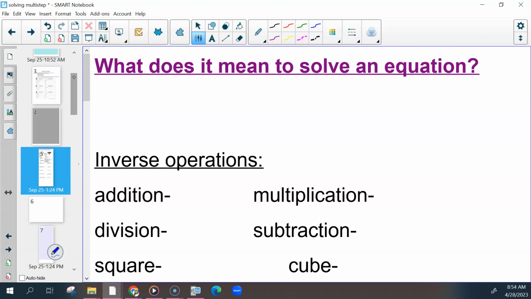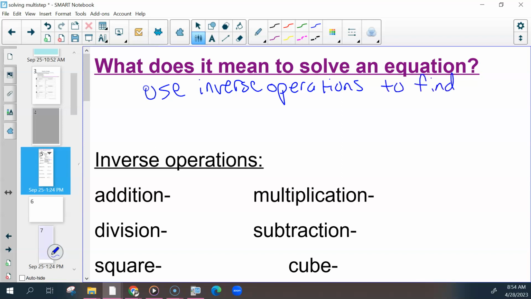Use your inverse operations. And what's our goal when we solve? To find the answer. So use inverse operations.